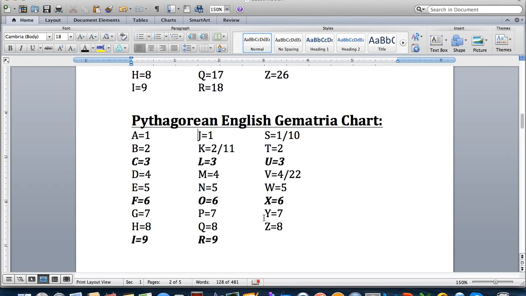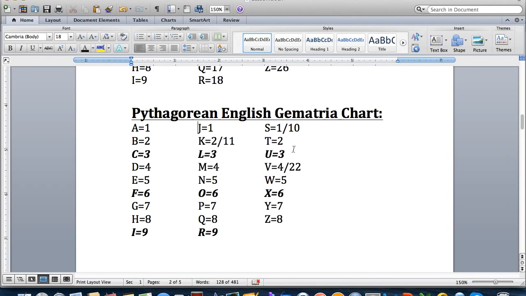Three letters have exceptions, though, in this method. K and V, because they're multiples of 11. 11 and 22, they do not have to be reduced. So if there's a K or a V in a word, it can be 2 or 4, or 11 or 22. You have flexibility. It's what gives this system more complexity. The other letter with an exception is S. Why S? Because S is the only letter you have to reduce twice, so it gets these special qualities.